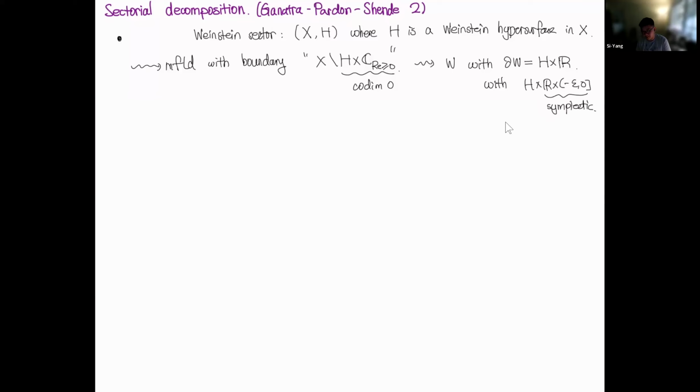The symplectic form is restricted to a symplectic form on this product, a collar neighborhood.